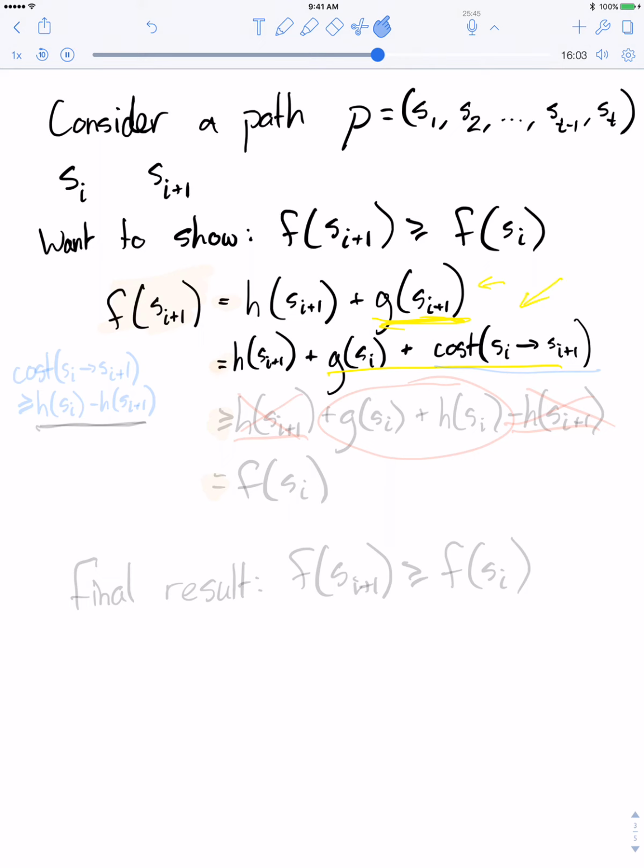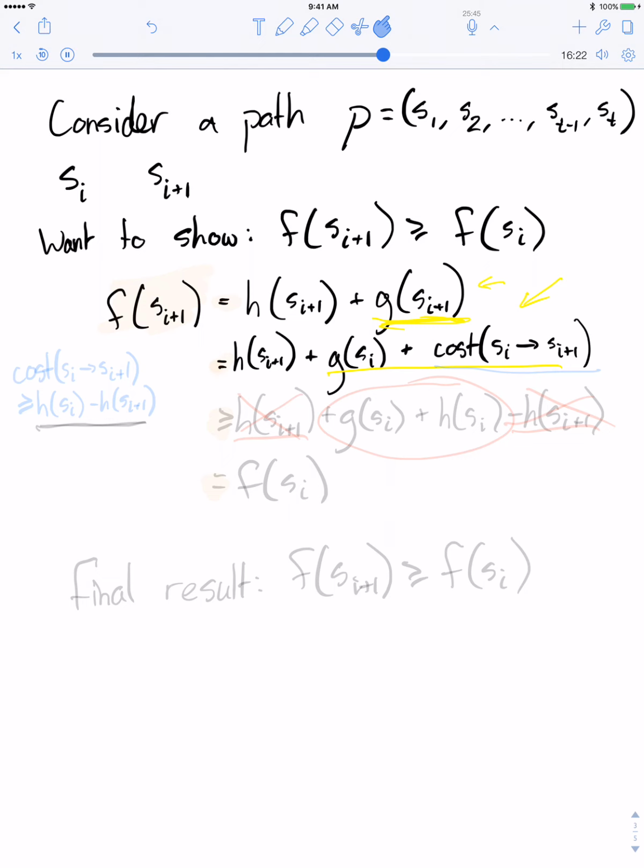Now we can actually use the consistency property that we have. How can we do that? Well, let me actually write it again over to the side.